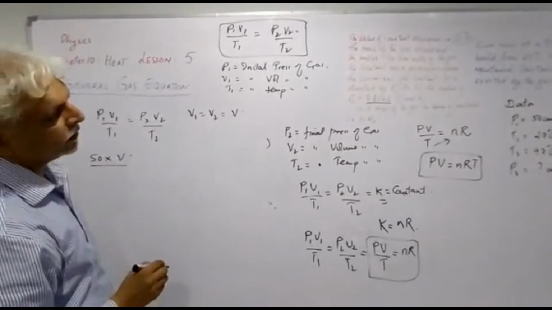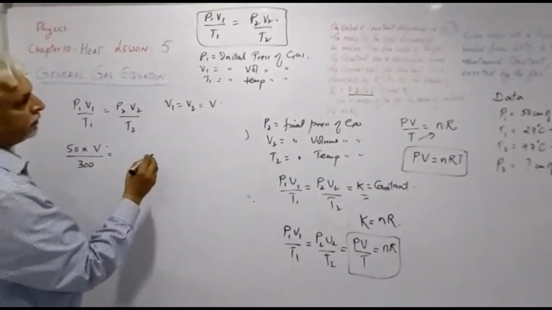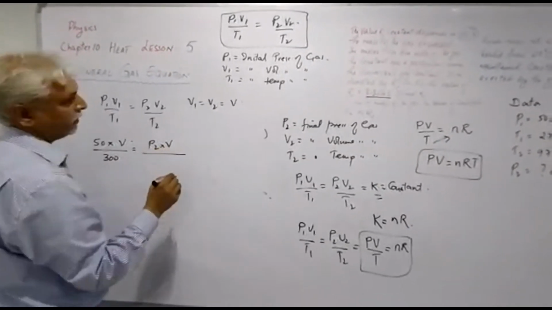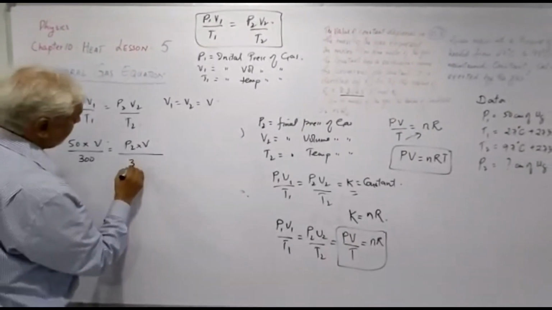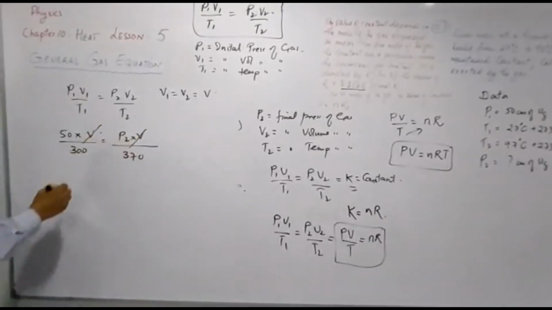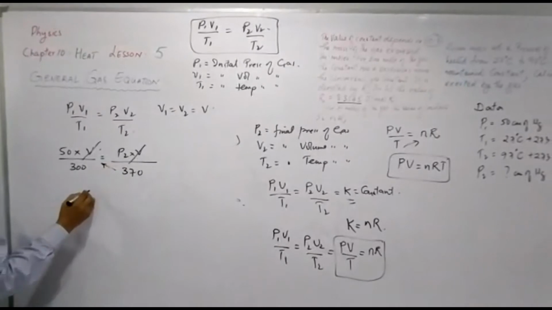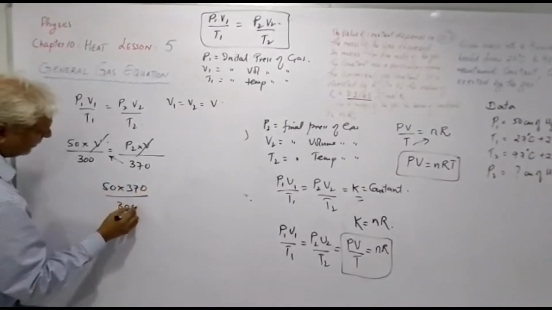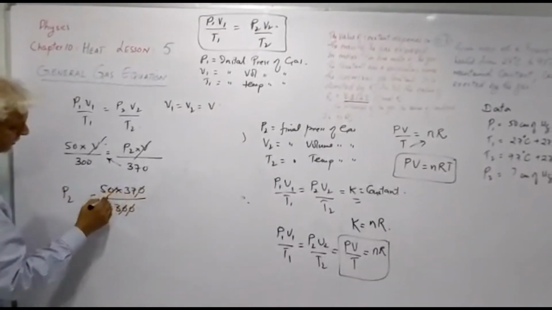T1 is 300 degree Kelvin, and P2 we need to find out. T2 is 370. Volume is constant, so they cancel, and let's bring 370 to the other side. 50 times 370 divided by 300 is equal to P2. These two zeros will cancel with these two zeros.